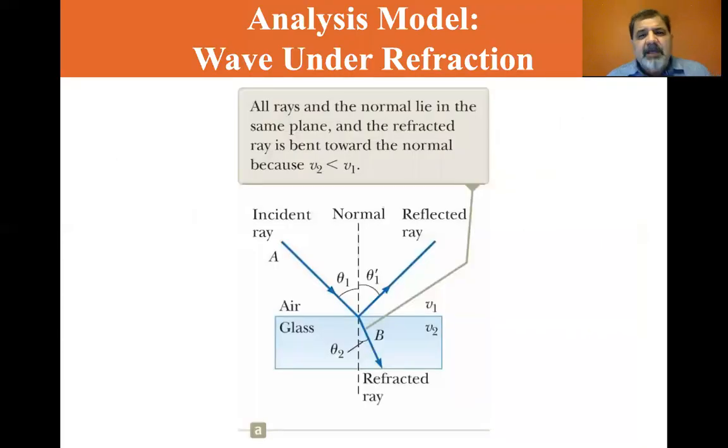Now let's look: all rays and the normal lie in the same plane, and the refracted ray is bent toward the normal because velocity 2 is less than velocity 1. So think about this: if it were the reverse, if you were going from glass to air, the angle would be greater.